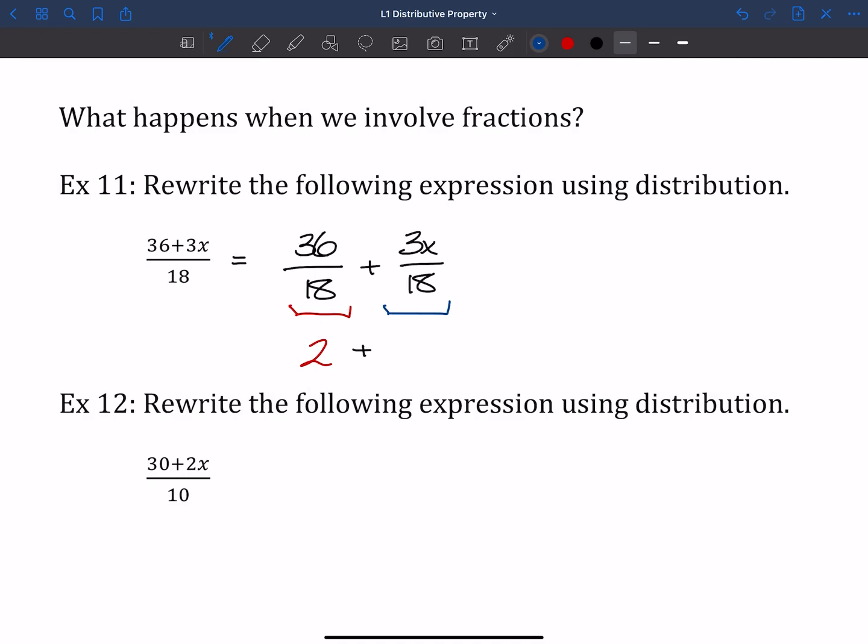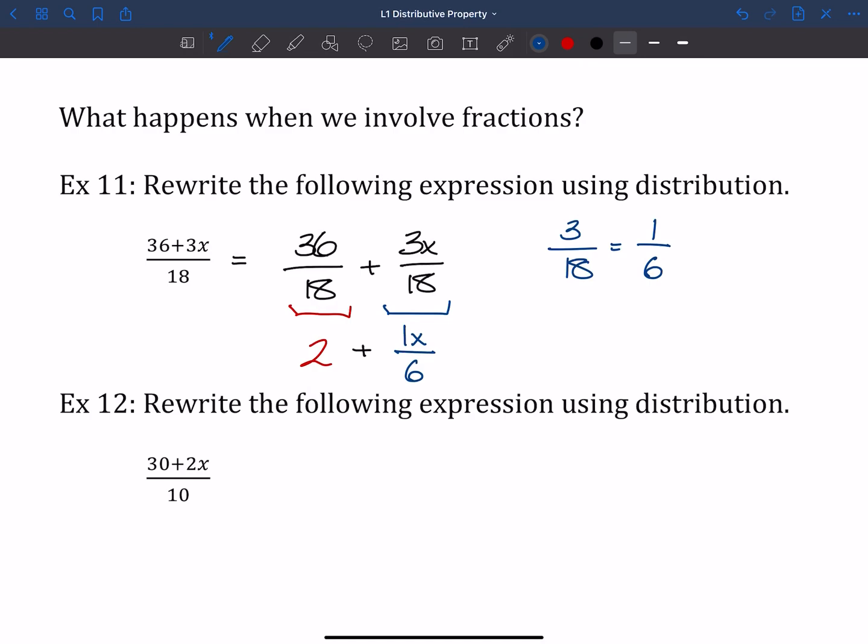The other piece has a 3 on the top and an 18 on the bottom, right? So if you remember how to reduce fractions, if I have 3 out of 18, I can divide them both by 3. That's the same thing as 1 over 6, right? So what I can do is turn this into 1x over 6, right? You can reduce the numbers in those fractions, right?